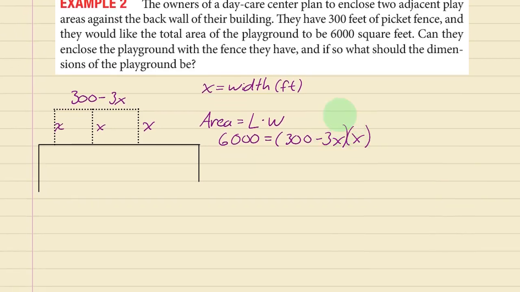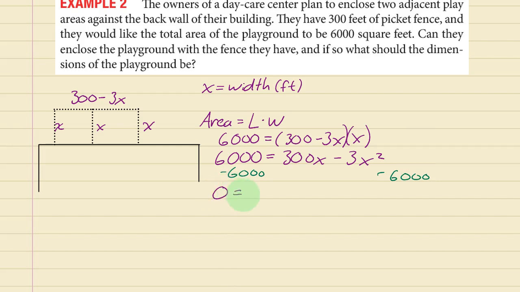So I'll distribute the x into this. You get 300 times x minus 3x squared. And then we can subtract the 6,000 from both sides. Let's write this in standard form, 0 on one side.